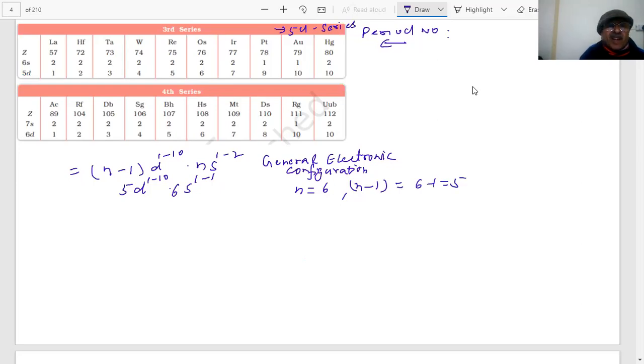And what is the doubt here? This is the N minus 1 subshell, students. This is called the penultimate orbital or subshell.